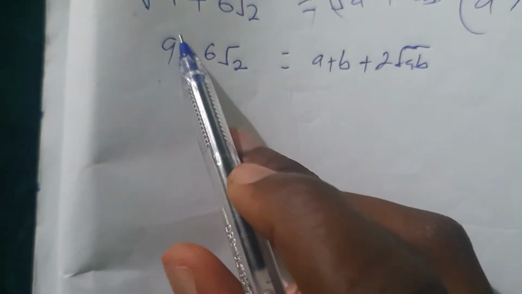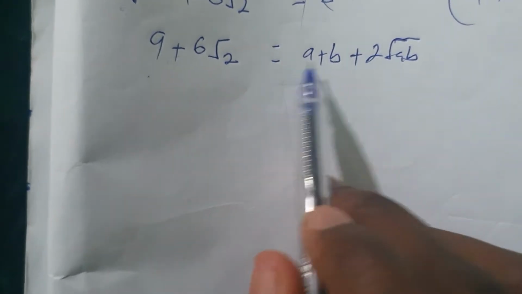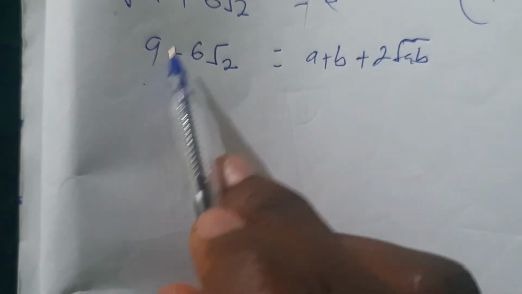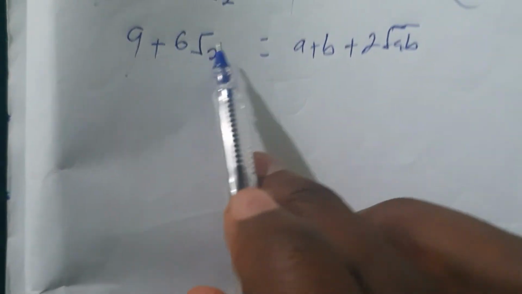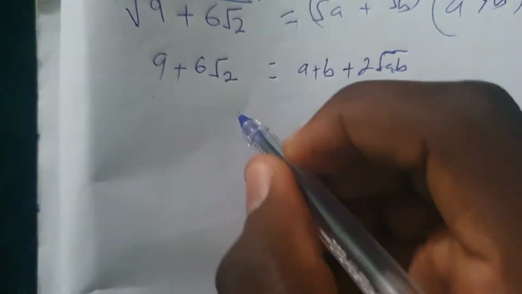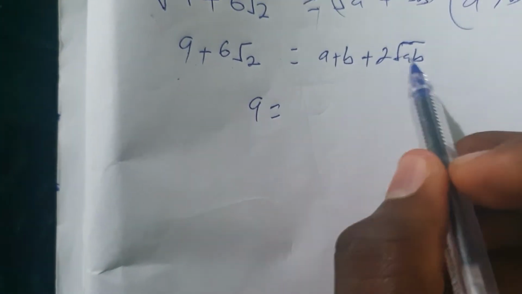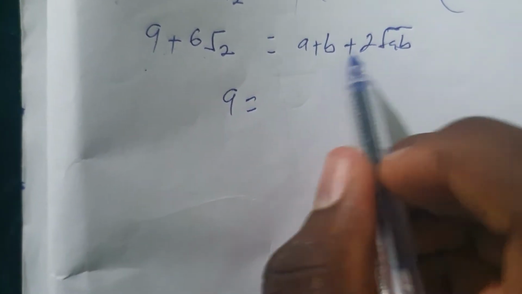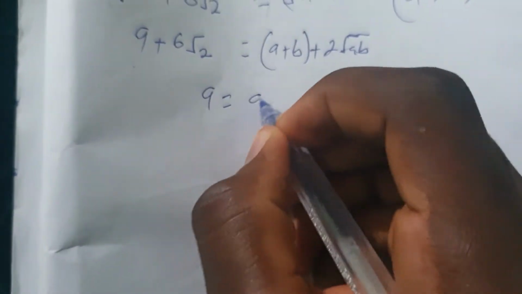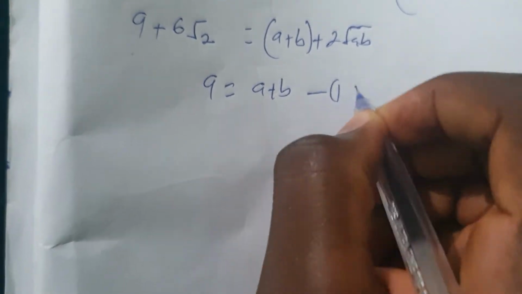So we check the whole number part, compare it to this side, and then we do the same thing for the surd part. For the left hand side, the whole number part is only 9, so this 9 will be equivalent to the whole number part on this side, which in this case is just a plus b. So 9 equals a plus b. Let's name this as our first equation.